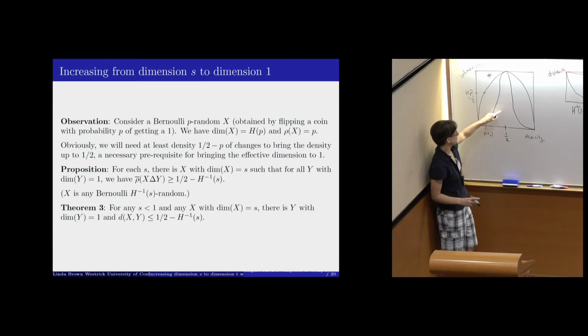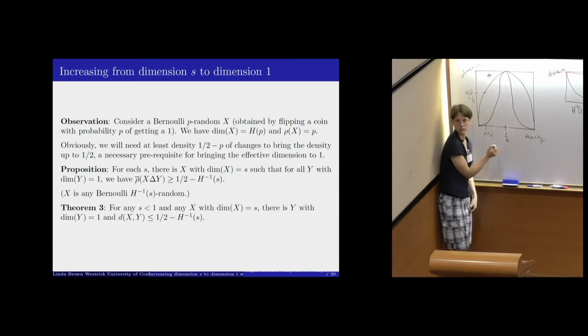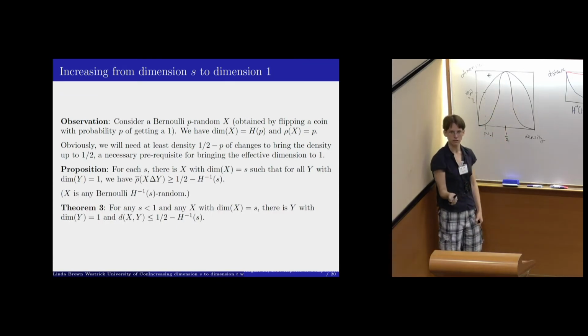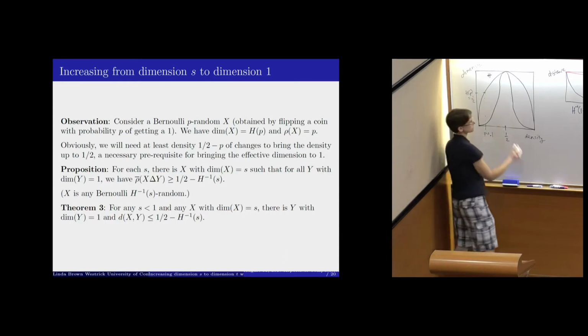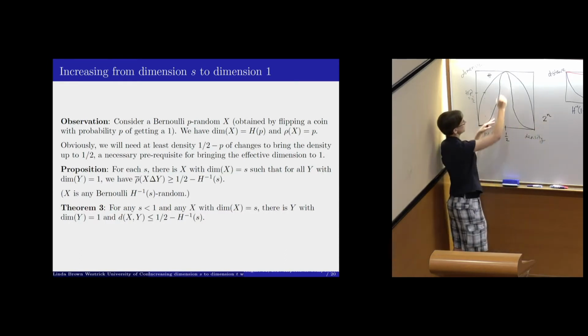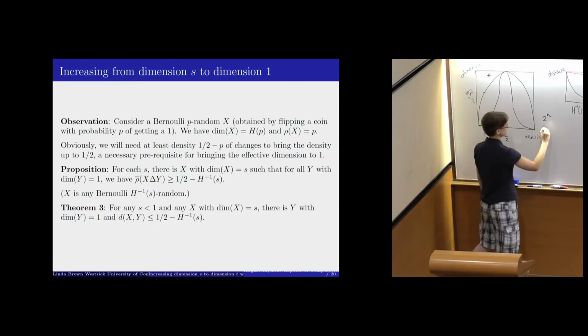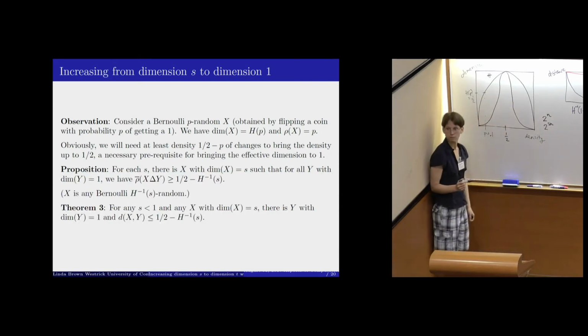So if you want to start with something that is random, so you're definitely starting with something pretty close to the center here, and change it down to something that has dimension S, well, if you look at strings of length n, then there are 2 to the n many strings represented in this hump. But if you look at strings that just have effective dimension S, then there are 2 to the Sn many of them.